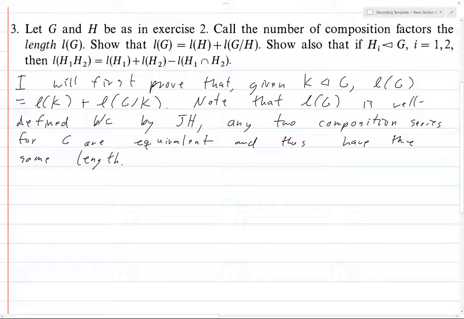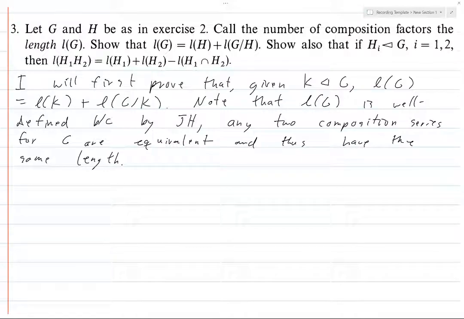Because that's part of what being equivalent means. So they're the same lengths, and the issue is that this function should not depend on your choice of composition series, and it doesn't, because if you choose any other one, it'll have the same length, and so the value will be the same. And so this is a well-defined function.